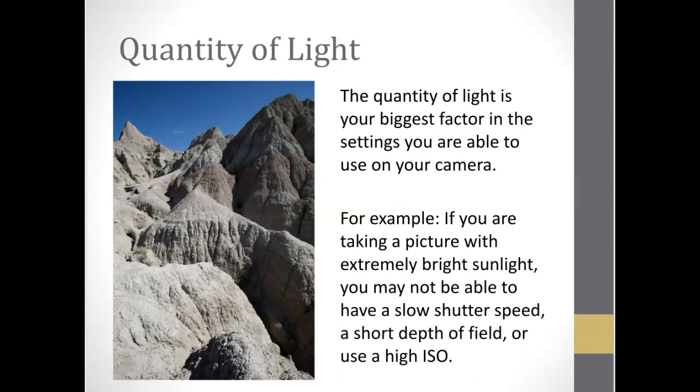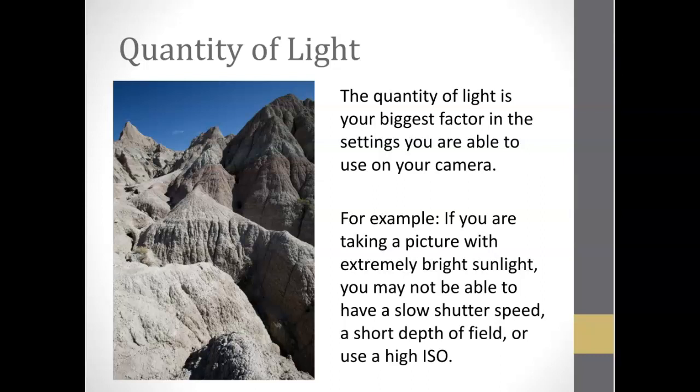Sometimes your biggest factor in what settings you can use is based on the quantity of light. If you have a lot of light available to you, you can do certain things. And if you don't have a lot of light available to you, like at nighttime, you wouldn't be able to do certain things. So for example, if we wanted to take this picture, and this was a very bright sunny day, we may not be able to have a slow shutter speed, because if we have too much brightness coming in, there's limitations to how much light we can take away with our other settings to make that happen.